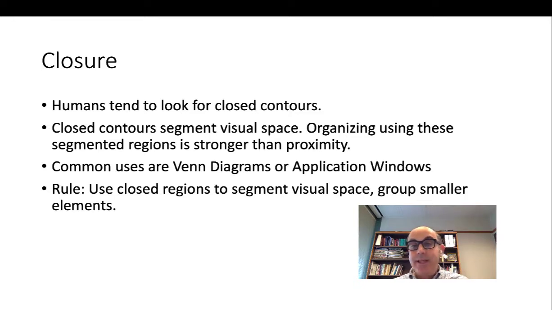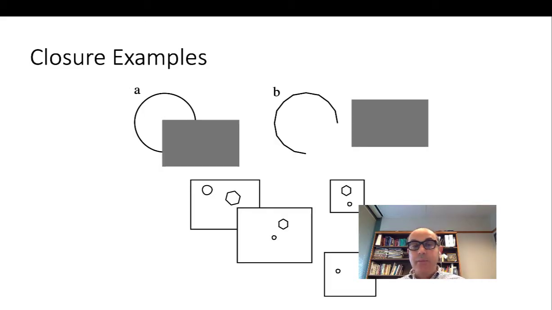Closure is another thing that is really important. We learn about closure in the narrative in English or in writing a story, but closure, we also have it in visual. Use of closure relation to segment visual space, group similar elements together in order for us to make the point.